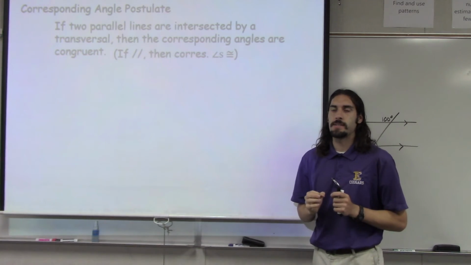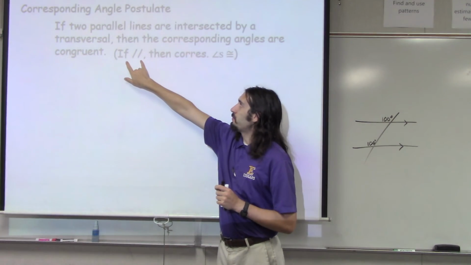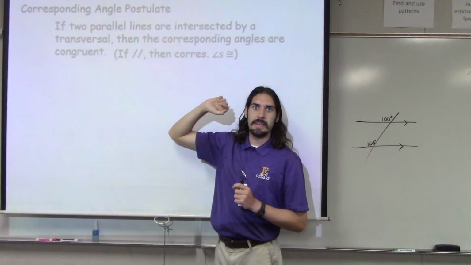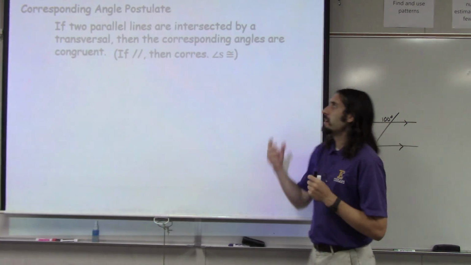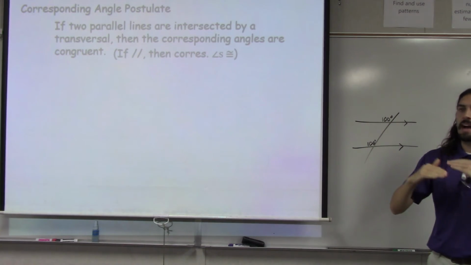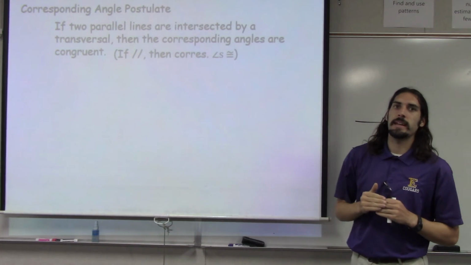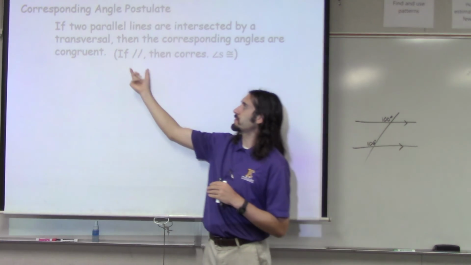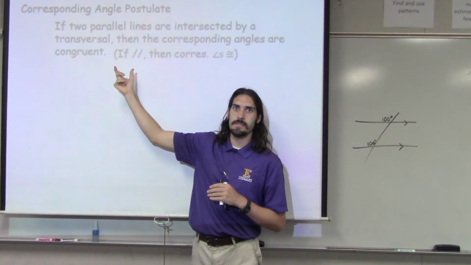Here's what I want to stress though. If you forget the if parallel, then the rest of this is meaningless. Because remember, any sets of lines have the angle name, corresponding angles, but they are only congruent if you first have parallel lines, right?